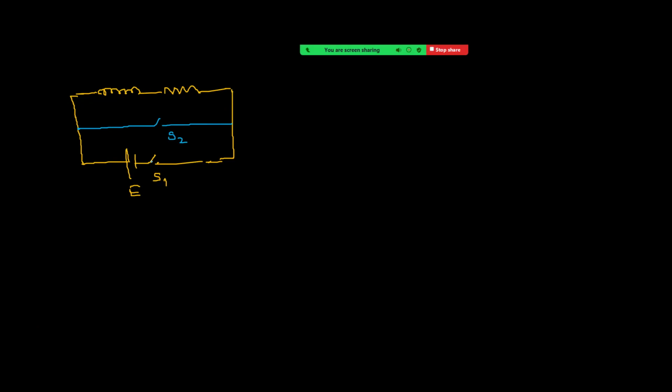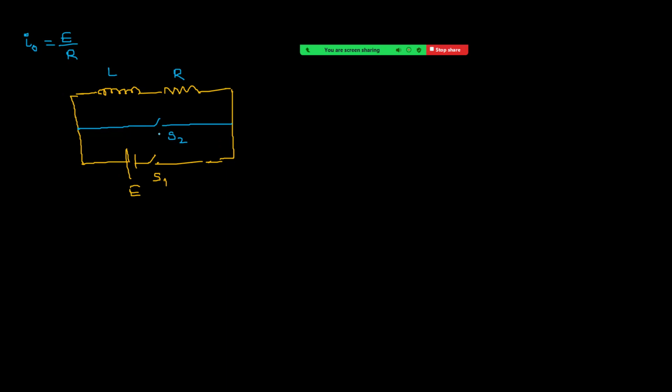Now, after current reaches its peak value, this is L and this is R, and the peak current I naught is E by R. Now open S1 and close S2. Get the point? Then current starts decreasing.